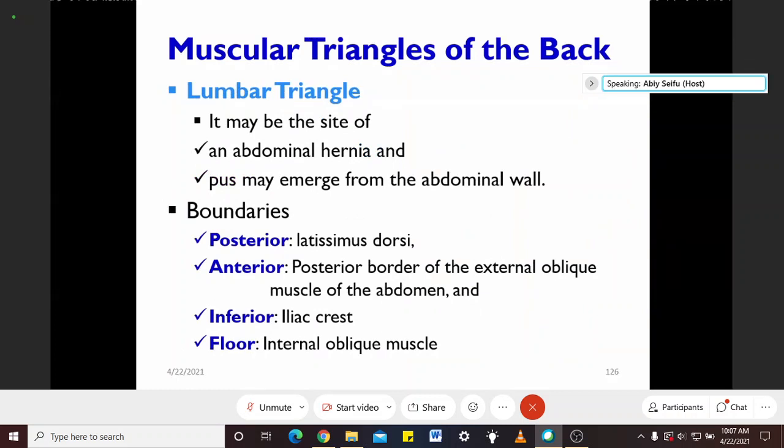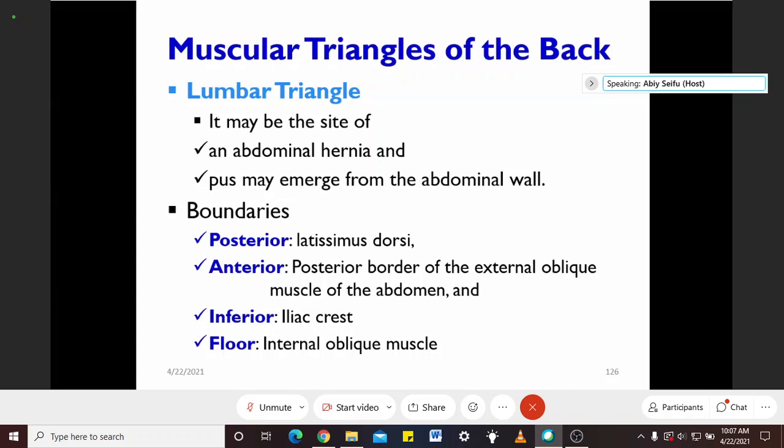Now the other triangles, which are the lumbar triangles. These triangles are not as clinically important, rather they are a site where abdominal herniations occur. Herniation means protrusion of visceral organs.